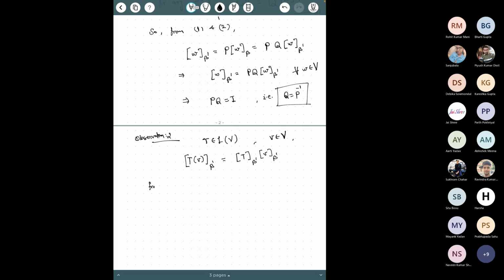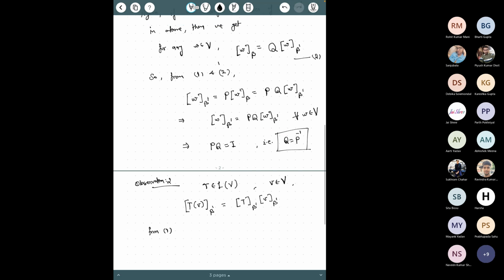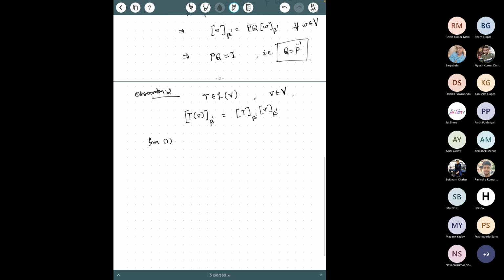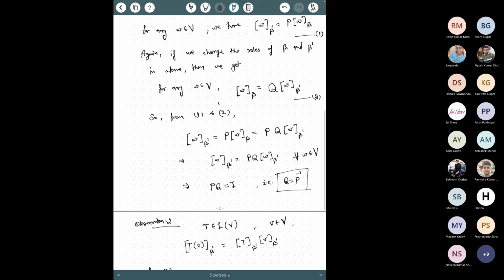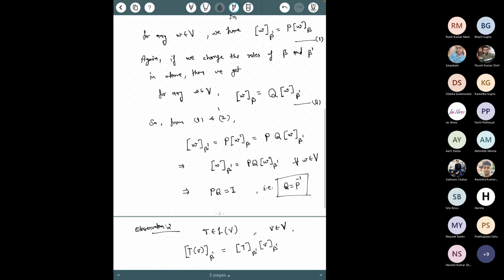So from 1, what was 1? From 1, we have that for any vector W, the matrix of W with respect to basis B is equal to Q times the matrix of W with respect to B dash. Similarly from 2. So let me write this from 1 and 2.